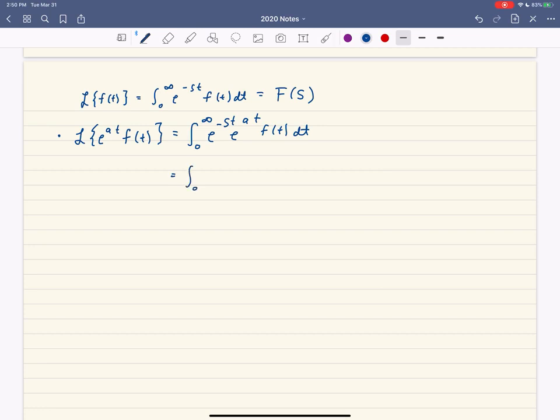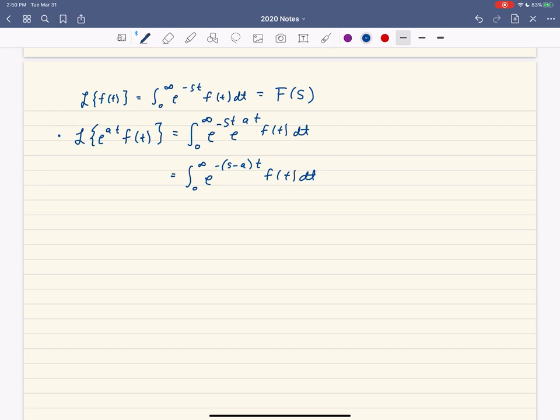This is really just a one or two step process here, but I can combine them to be e to the negative quantity s minus a, times t, f of t dt. Because again, if you distribute the negative, you get negative st and plus at. And so that's what we have up here.